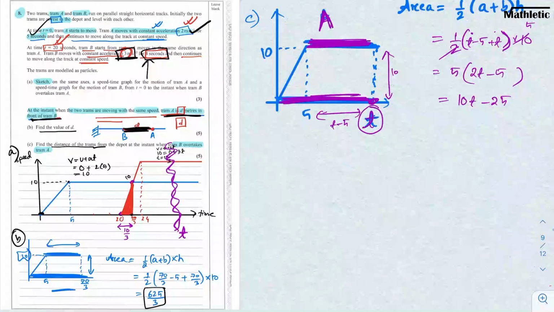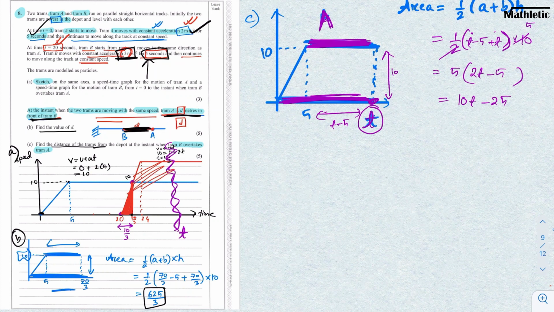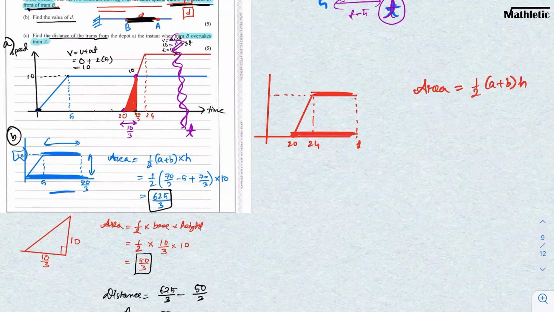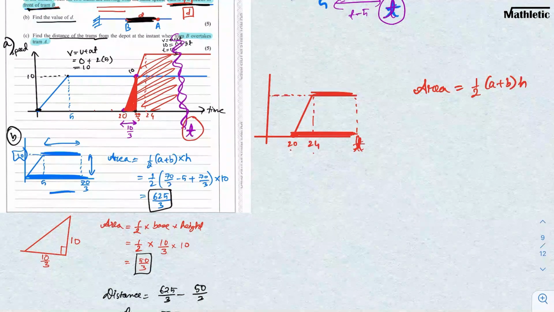Next we will find the area under the graph for the second tram up to this location. If I consider the area up to this point, this time is 20, 24, and then the final point is small t. We need this value, which should be the height.